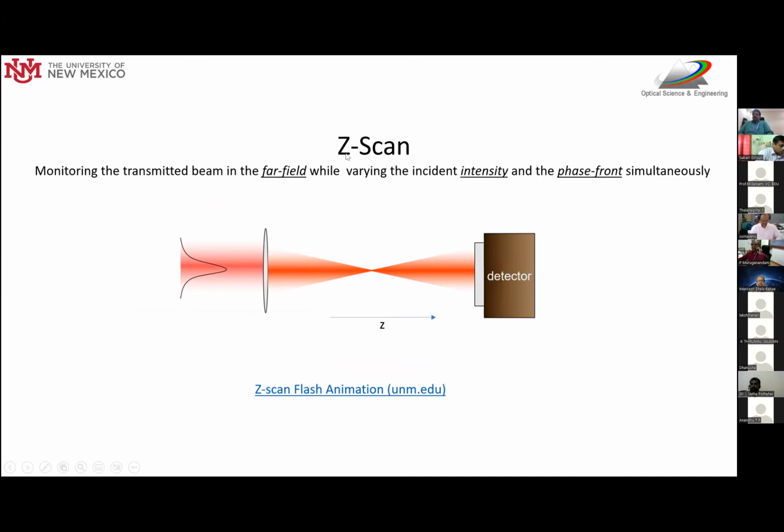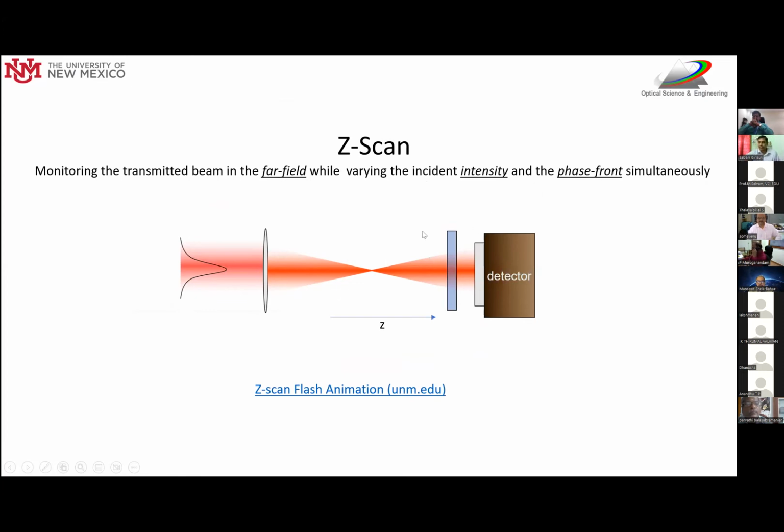So we exploited this phenomenon in what we call Z-scan, for lack of a better name. What we do essentially is monitor the transmitted beam through a material in the far field while varying the incident intensity and the phase front simultaneously. By scanning the sample, we change not only the intensity but also the phase front.